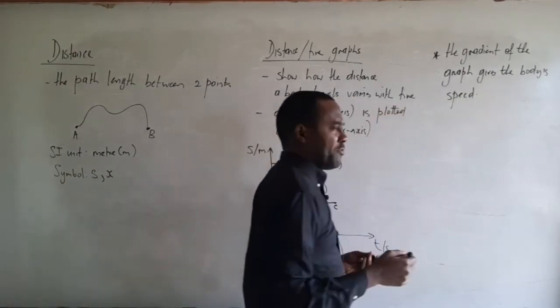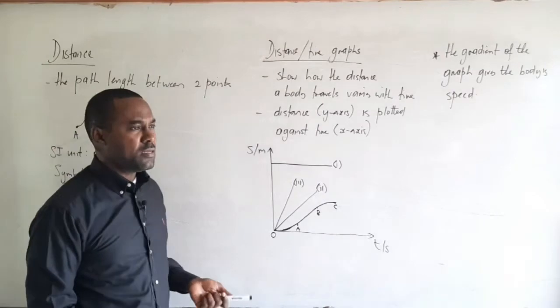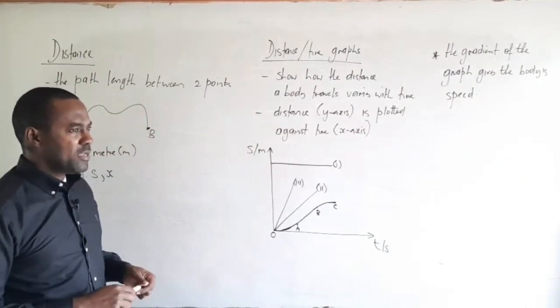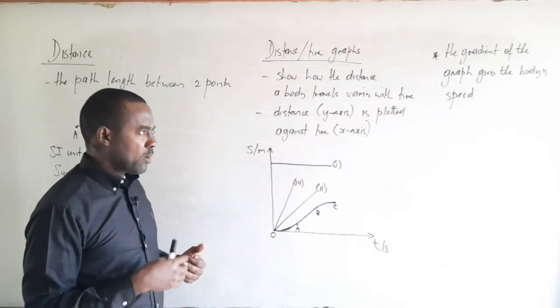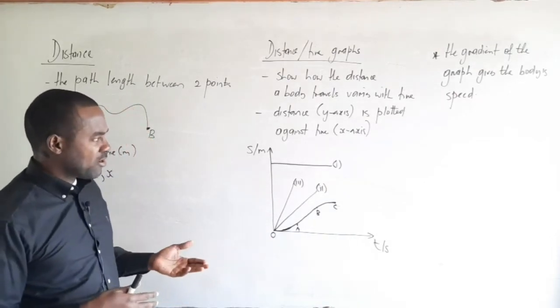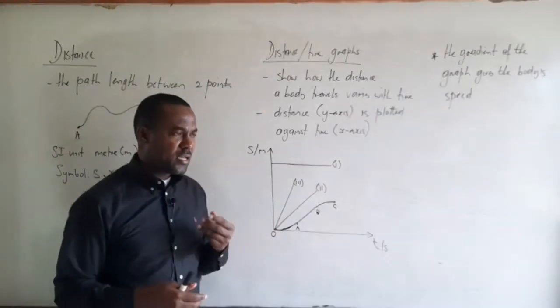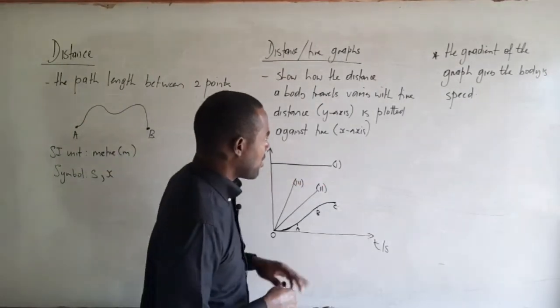If we want to determine the speed of the particular body for which the graph is representing, then we have to look at its gradient. So we'll analyze each of these graphs, and determine what is happening to its gradient and hence what is happening to its speed. Now let's look at the first graph, graph 1.